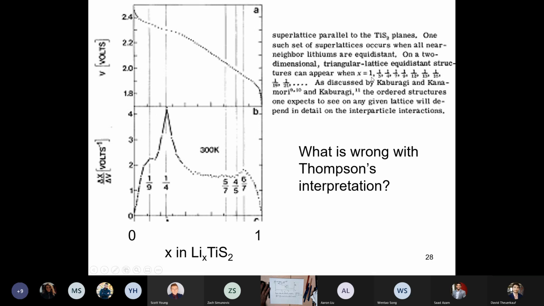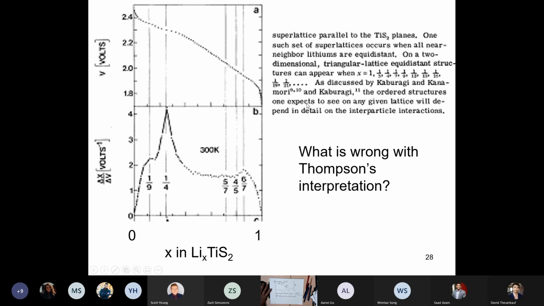That means every site is filled. 1/3, we took a look and we saw the ordered state at 1/3. 1/4, that's when you avoid first neighbor and second neighbor sites. 1/3 is when you avoid first neighbor sites. So we drew this ordered structure for 1/4, and then there's other places where they occur too. Okay, as discussed by Kaburagi and Kanamori.